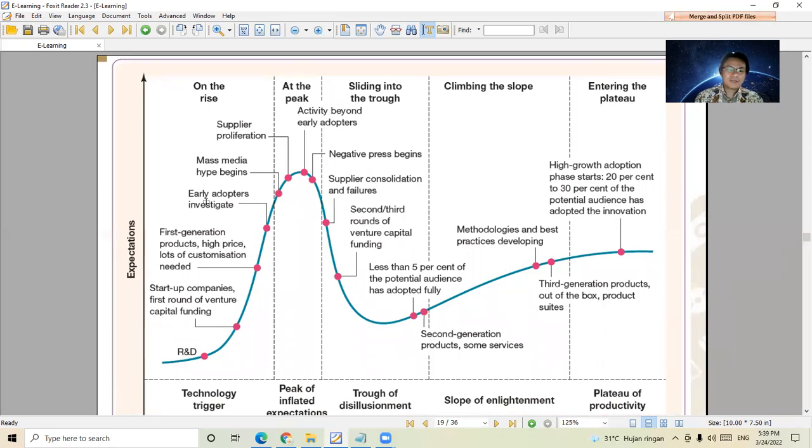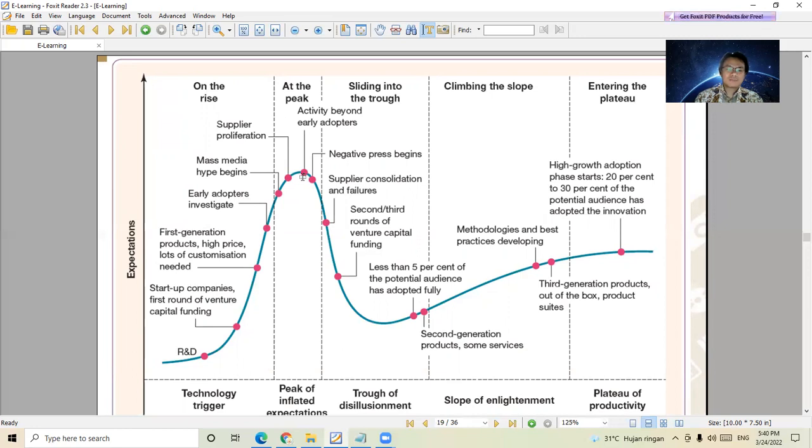And then the early adopters try to adopt and buy the technologies, and at the peak, it means that the technology is proven to be successful.